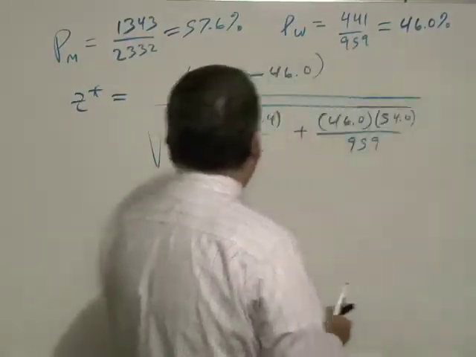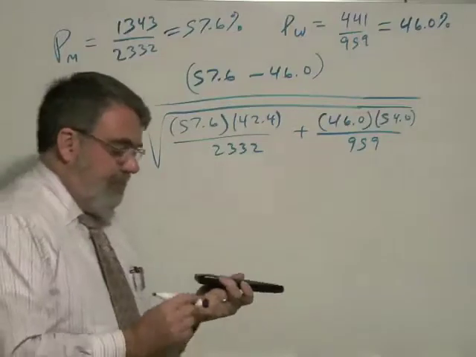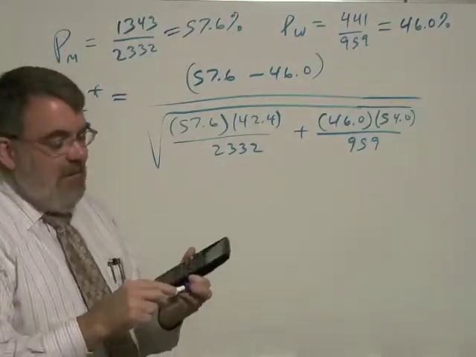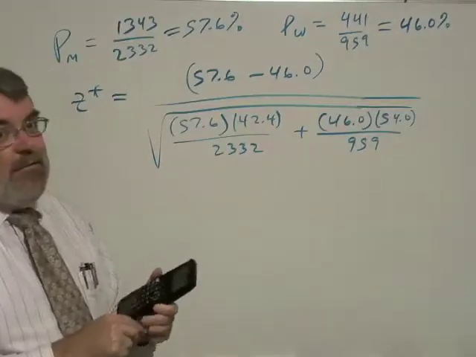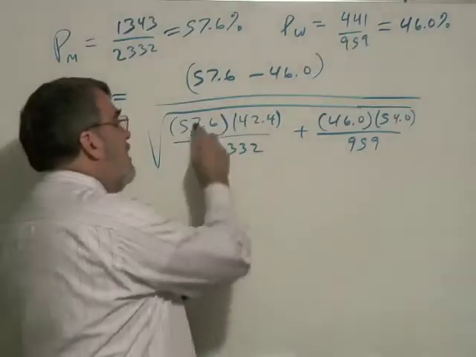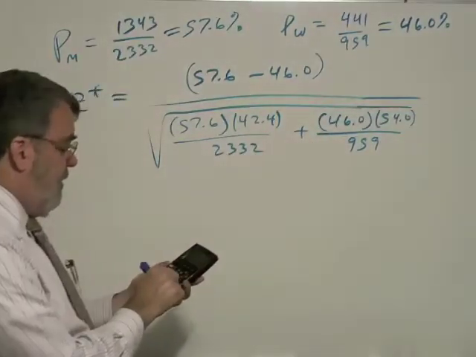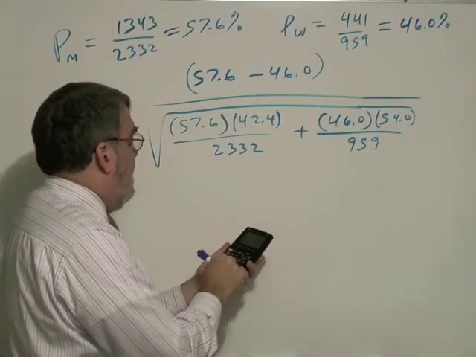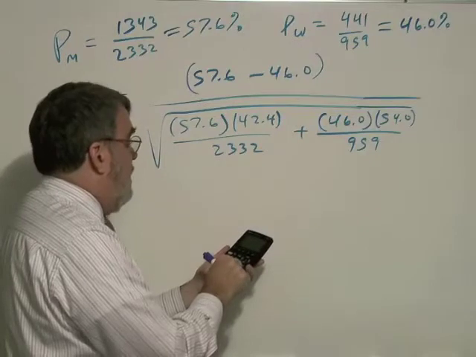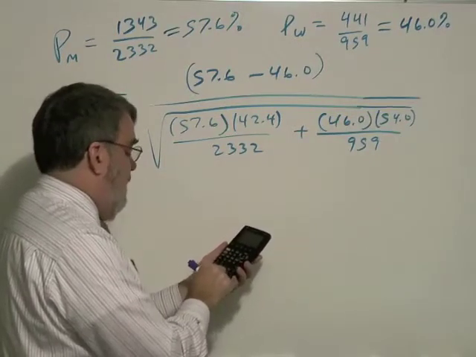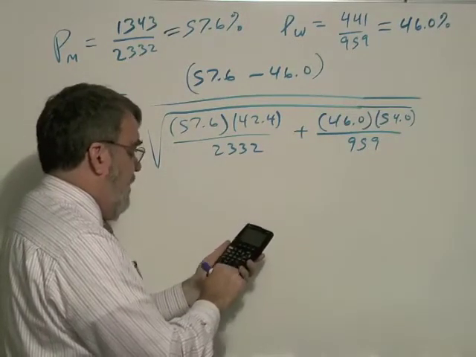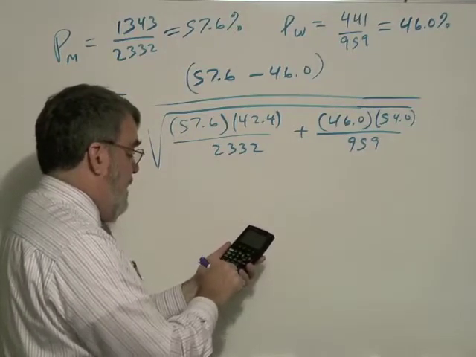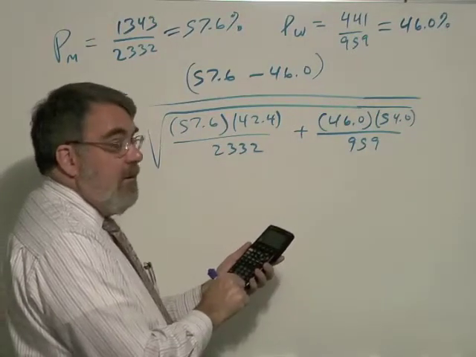Personally, I'm going to calculate the denominator without the square root first. I'm going to enter it exactly as I see it. So here are my steps: 57.6 times 42.4 divided by 2,332 plus 46 times 54 divided by 959, and then I hit equal.